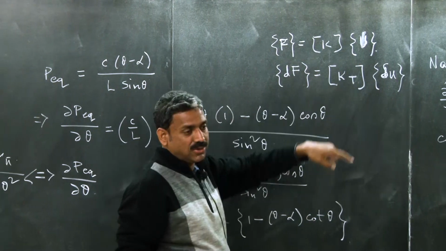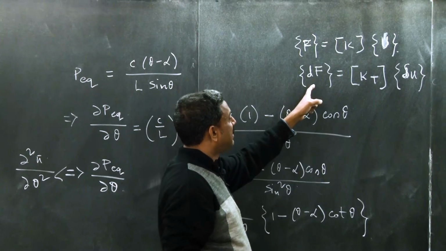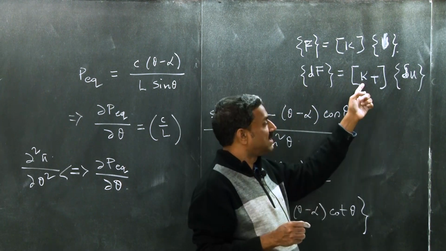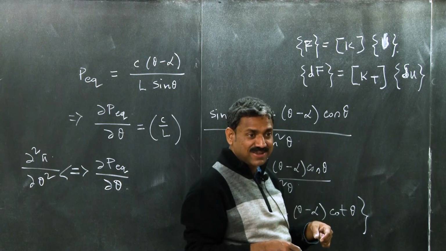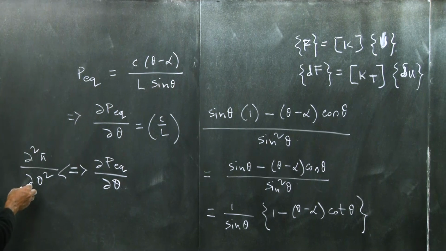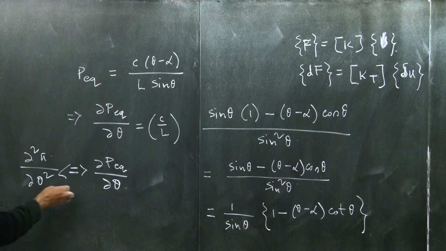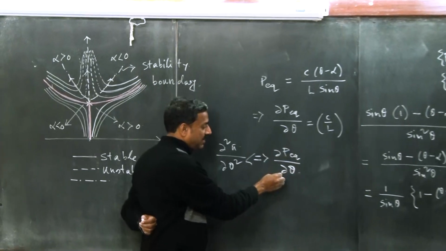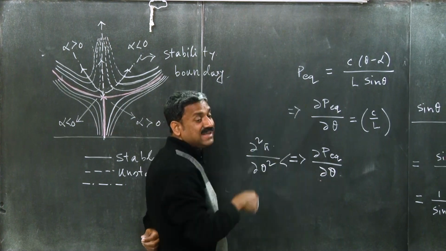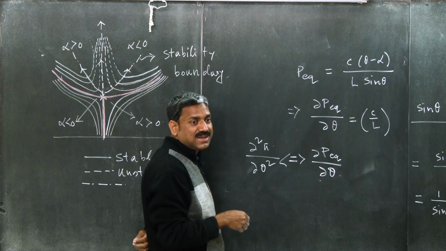In incremental form, these are the internal forces, these are the incremental deformations, and this is the tangent stiffness matrix. So this del P equilibrium by del theta is nothing but kt, the tangent stiffness matrix, okay.